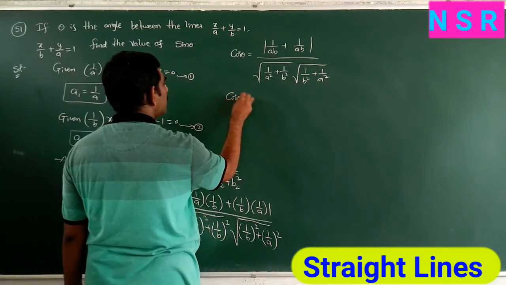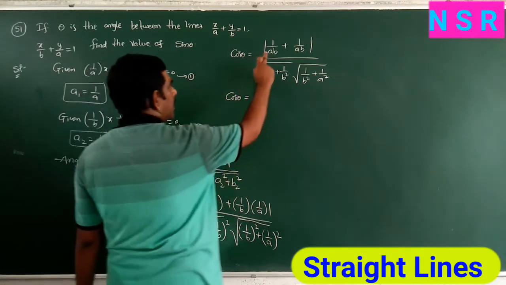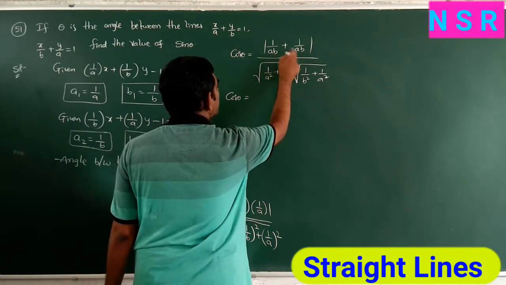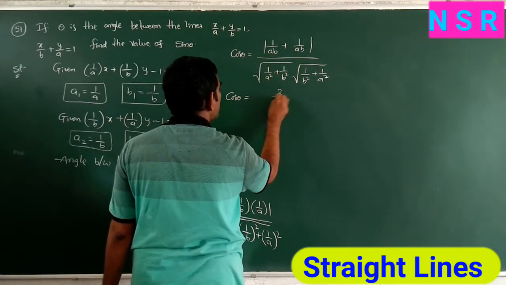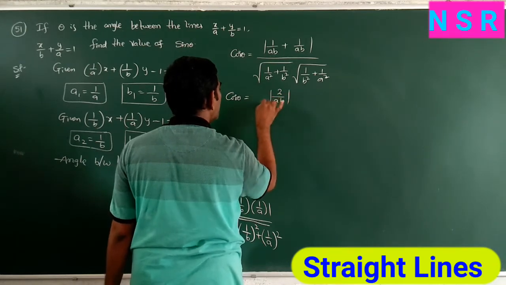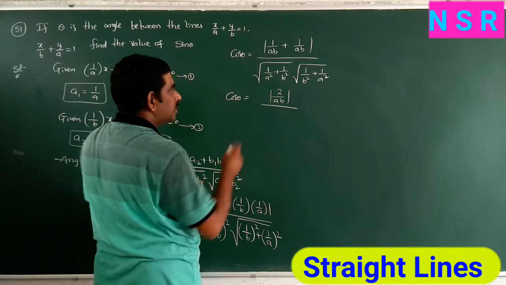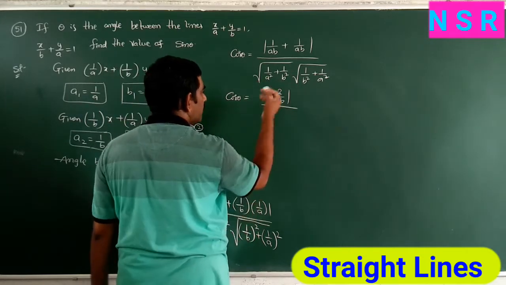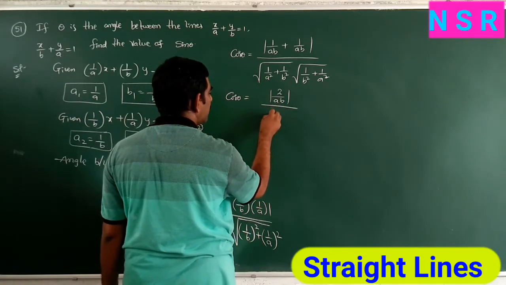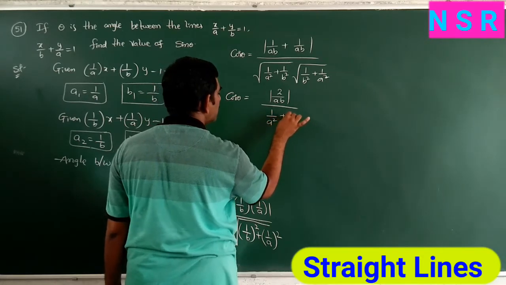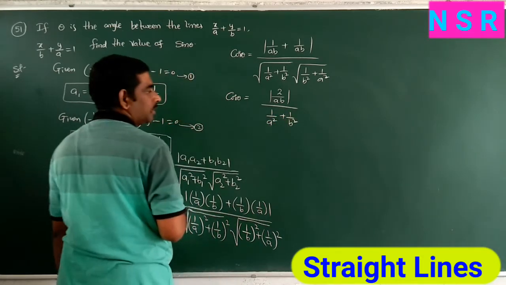So cos theta is equal to 1 by ab plus 1 by ab, LCM is ab, 1 plus 1, 2 by ab, by root x into root x, both root values are the same, so the root and square get cancelled, we get 1 by a square plus 1 by b square.